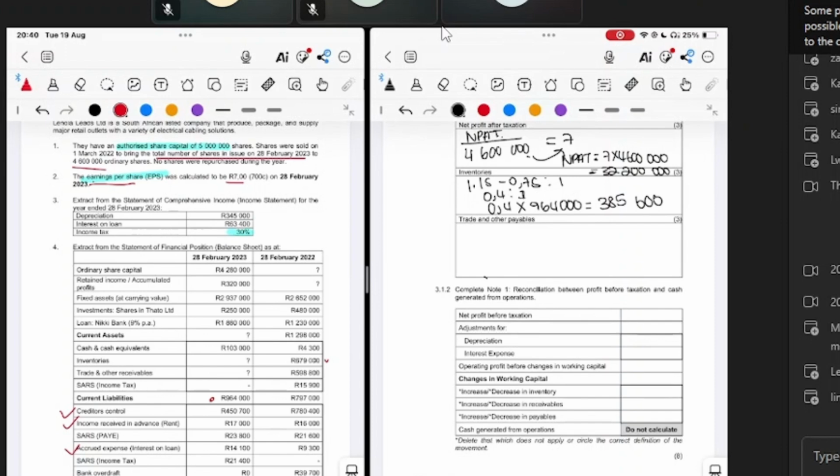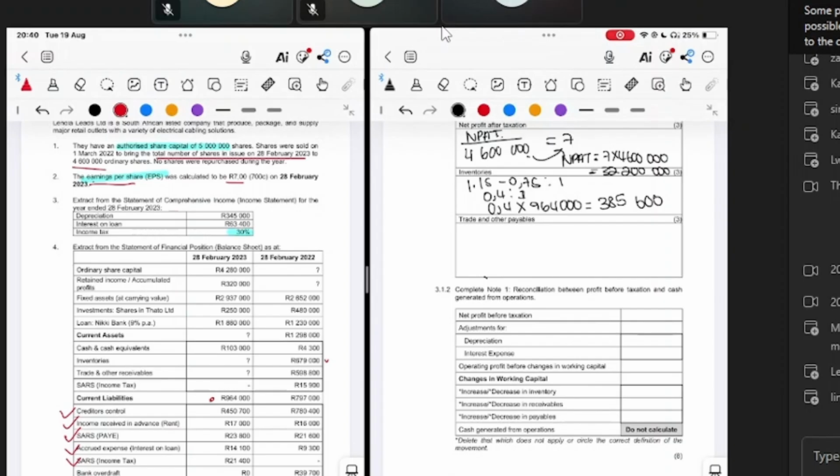And then what do you also have there? Your SARS income tax. And then you can also put in your SARS payee and your shareholders for dividends. So it always changes. Your trade and other payables always changes. Sometimes you have other things as part of the note. Sometimes it's just your creditors control and your adjustment. So like I said, it changes. So you can calculate it either way.